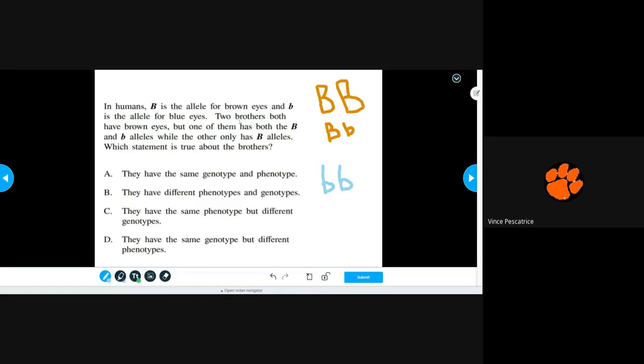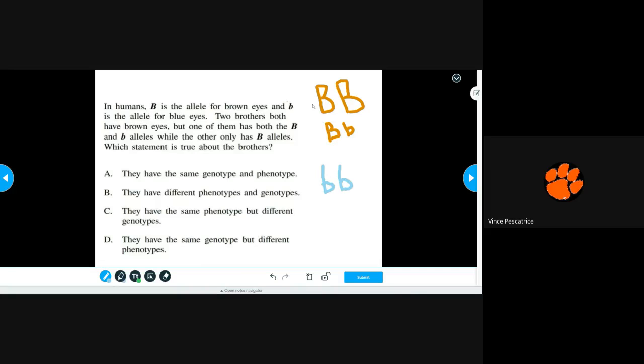So two of the brothers both have brown eyes, while one of them has both a B allele and a lowercase b allele, while the other only has B. Which statement is true? It's saying both of the brothers have brown eyes, but they have different arrangements of alleles.